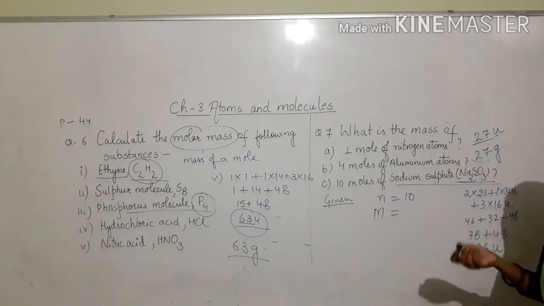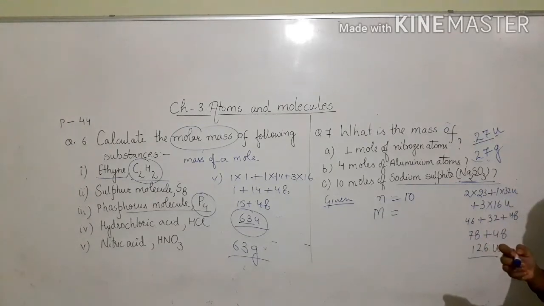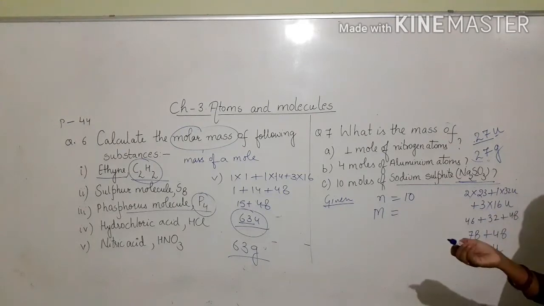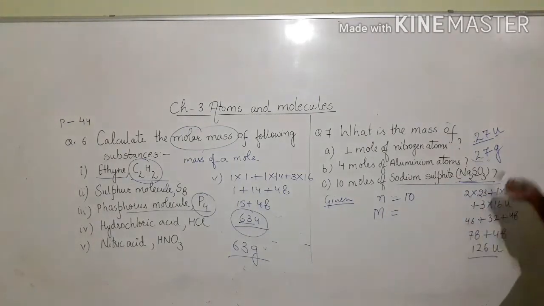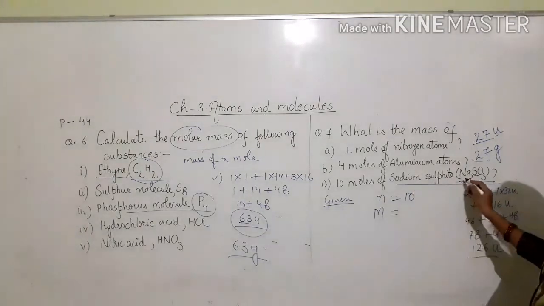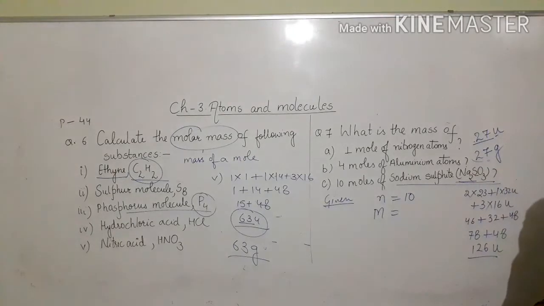But formula unit mass is calculated in the same way as we calculate molecular mass, which I have calculated already. So sodium sulfite Na2SO3 has formula unit mass 126 U. It has numerical value 126.